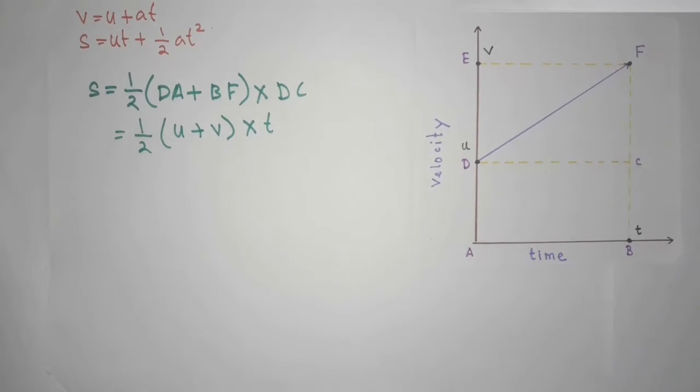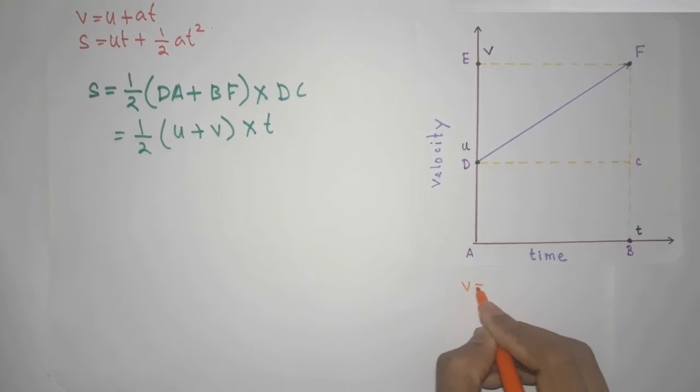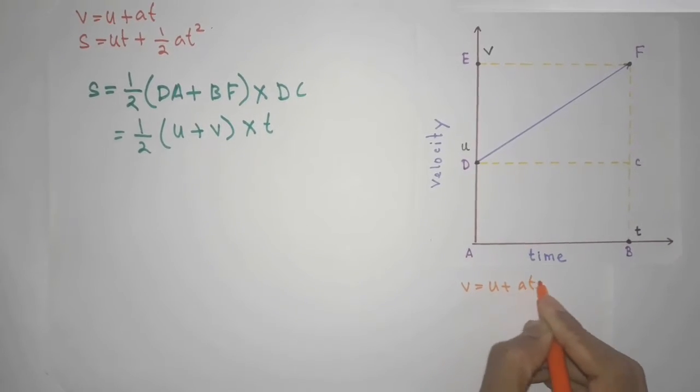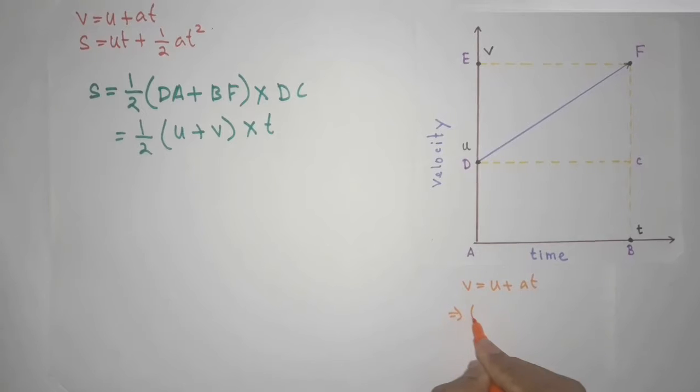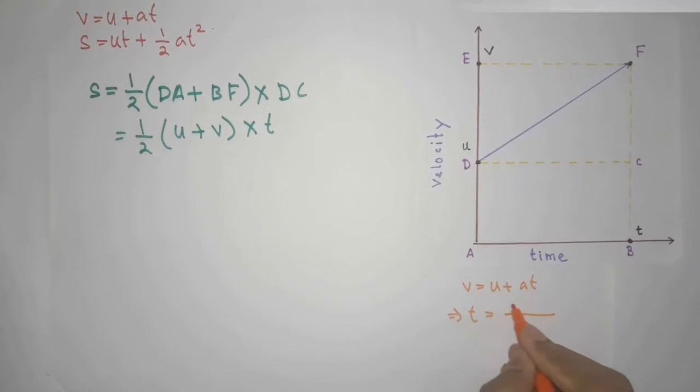Now from the first equation, if you rearrange it a little bit, v is equal to u plus at. If we want to find t, then we get t is equal to v minus u by a. We are going to use this now.